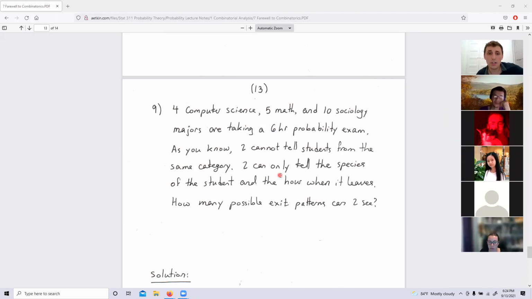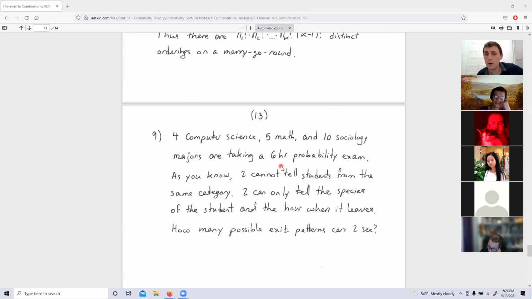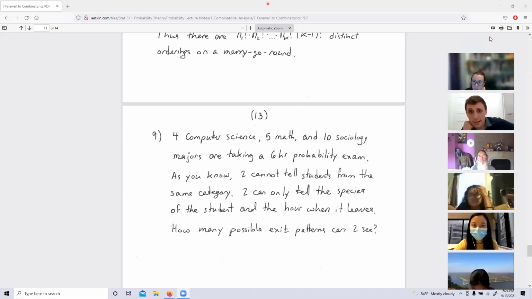If I just record which students leave at which hour, how many possible combinations do I see? They can leave in any order. Imagine they are dressed in particular shirts: maybe the math people are blue because it's hard, and sociology people are red because they're angry, so that you can tell in which order they leave.